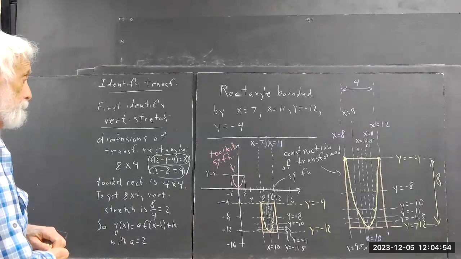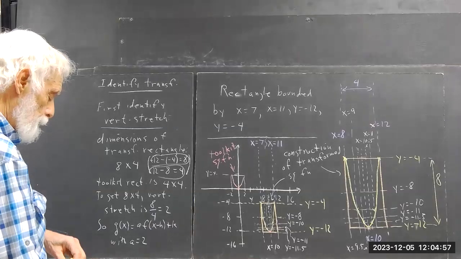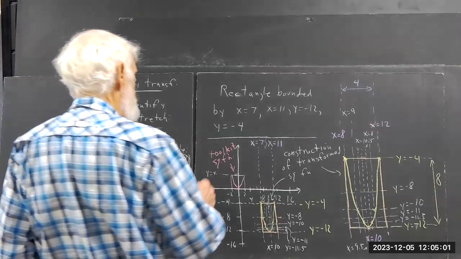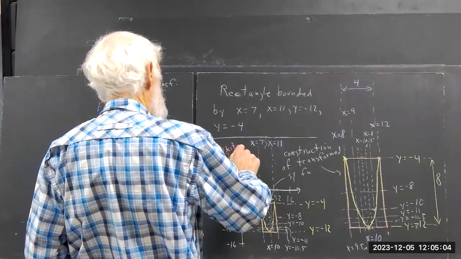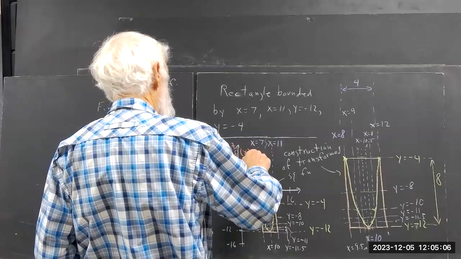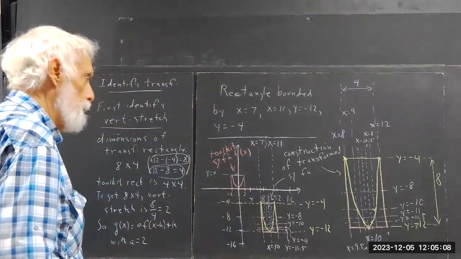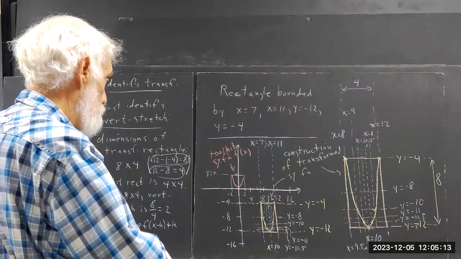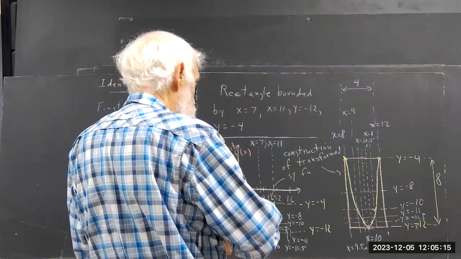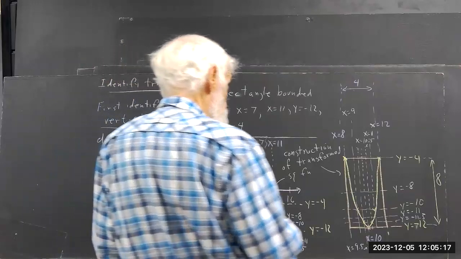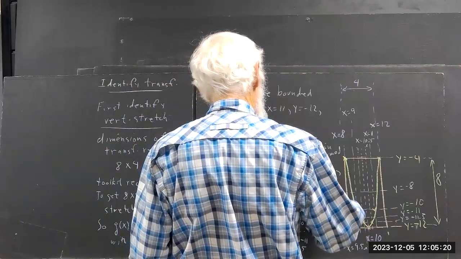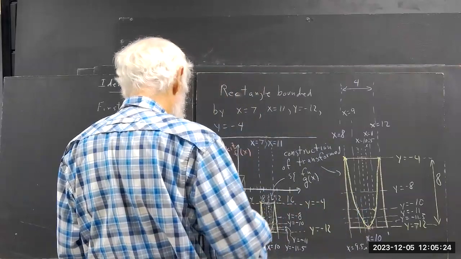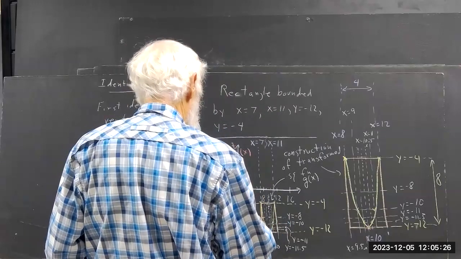Now, since I'm using the notation f of x and g of x, the squaring function is going to be our f of x, and our transformed squaring function is g of x.